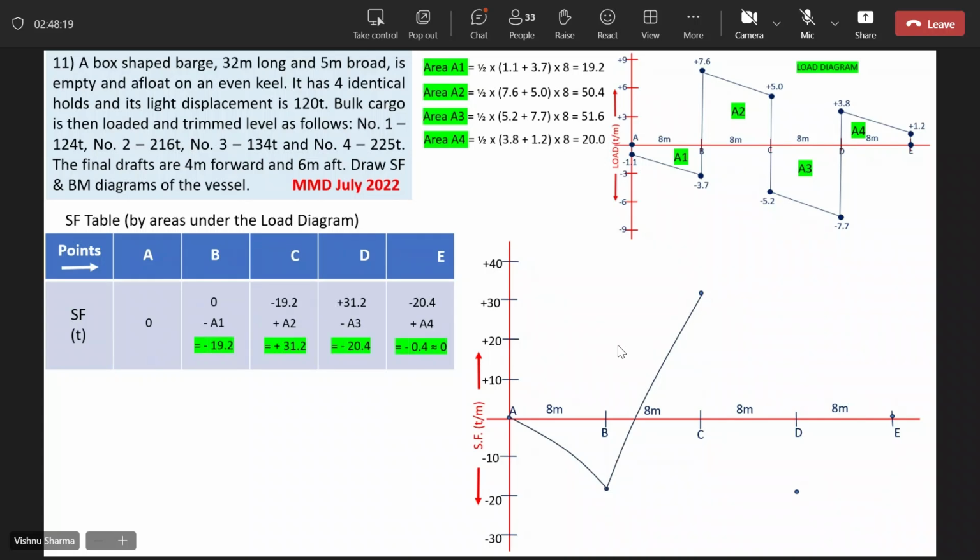The other half will be a mirror image of it because A3 is a mirror image of A2 and A4 is a mirror image of A1. I'm sure up to this place you are not very discomforted. Am I right, guys? Yes, sir. Up to drawing of the SF diagram, you'll not be discomforted.